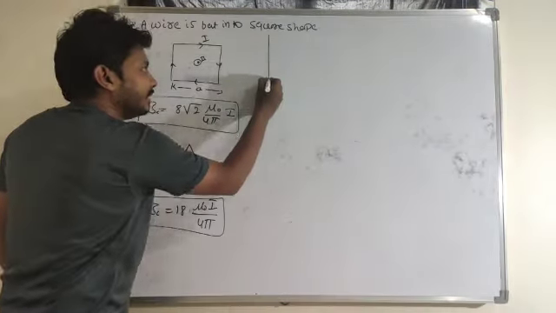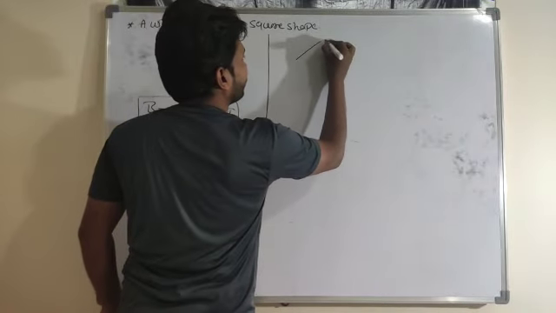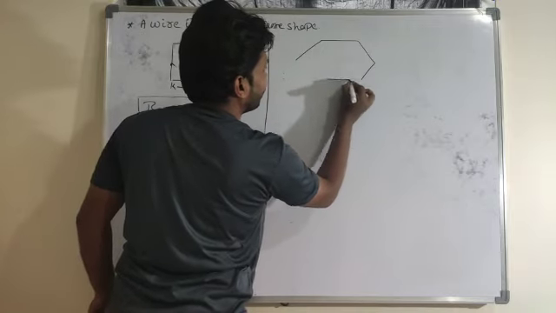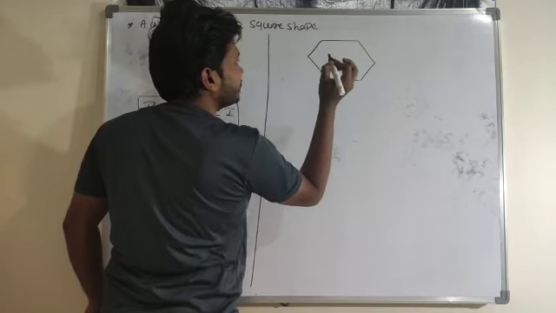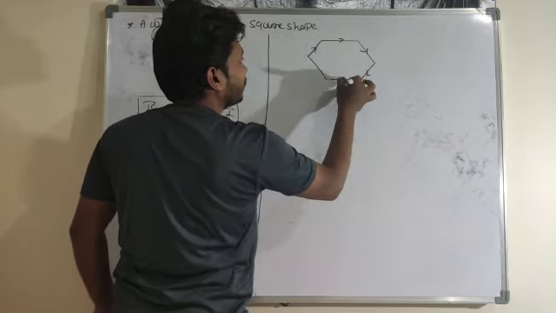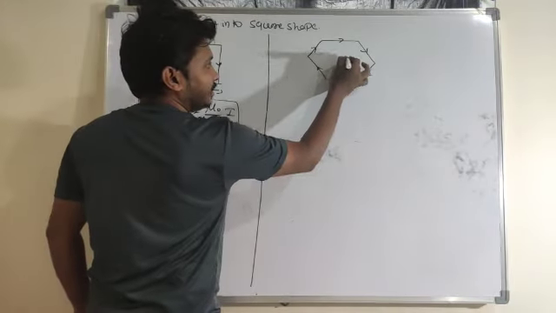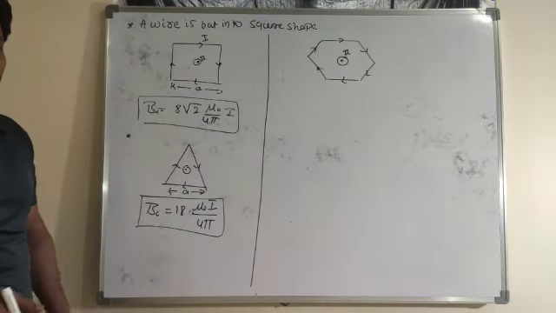If the wire is bent into a hexagon shape, my intention is to calculate the magnetic field at the center of the hexagon.